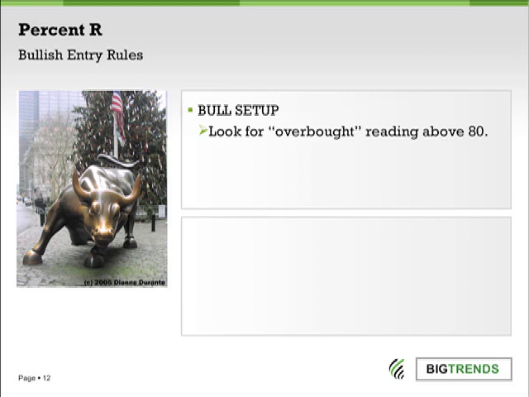So we want it to go overbought. For a bullish setup, I want to see it go overbought. This is where you have to kind of initially take a leap of faith until you see this yourself. And the reason is because I did this based on data testing, to say, okay, what happens to these situations that go overbought? Is it better to sell them or is it better to buy them?